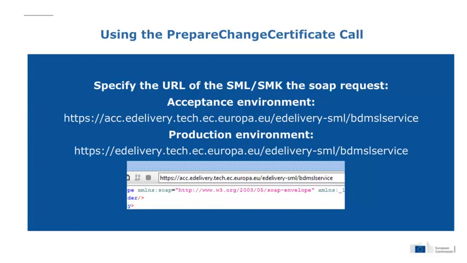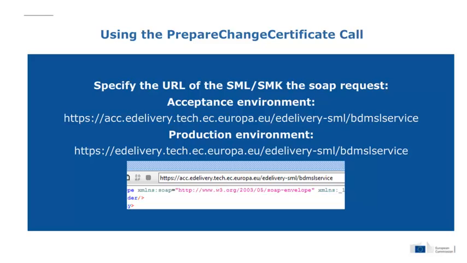Now that all the elements are in place, you've prepared the SOAP request that you want to use. The final step would be to specify the URL that you are going to use to make this Prepare Change Certificate call. If you're in acceptance, it's https://acc.edelivery.tech.ec.europa.eu/edelivery-sml/bdmslservice.